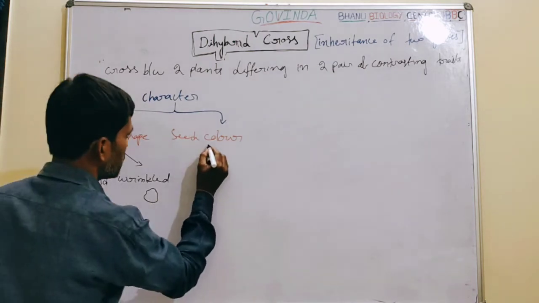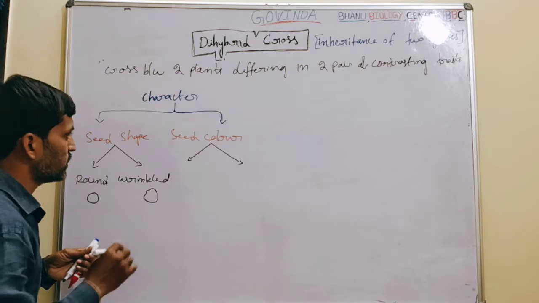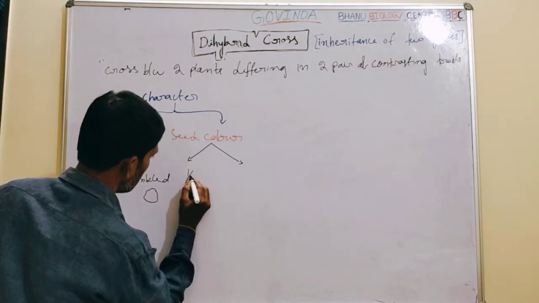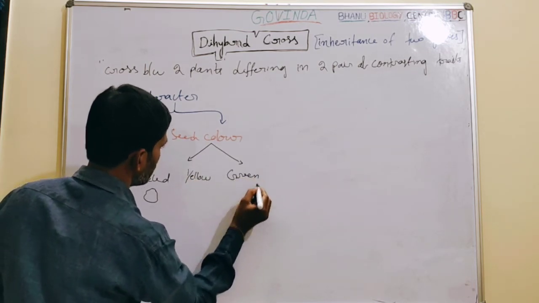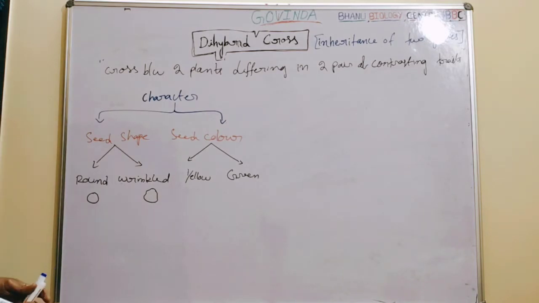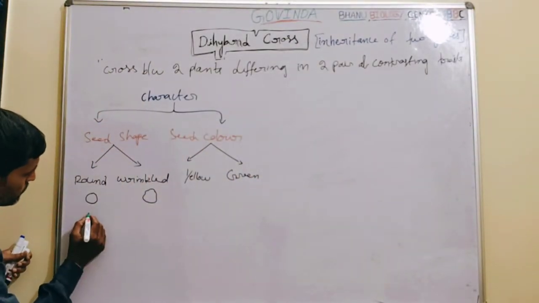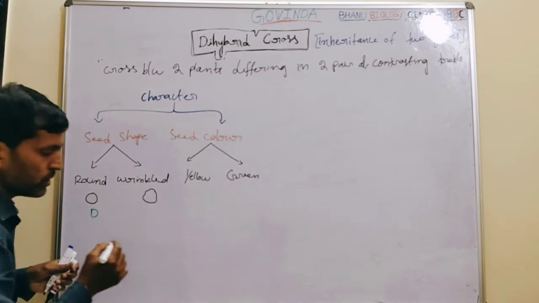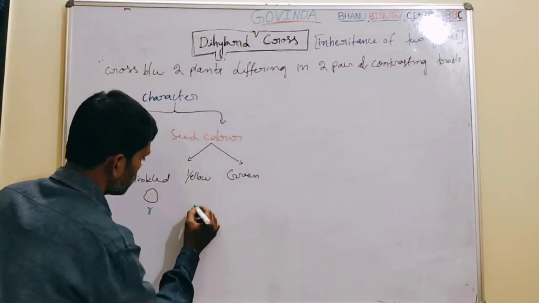Next, come to the seed color. Here again there are two traits. Seeds are in two colors. The one is yellow, the other one is green. Here itself I tell you which trait is dominant and which trait is recessive. The round shape is dominant, the wrinkled shape is recessive.